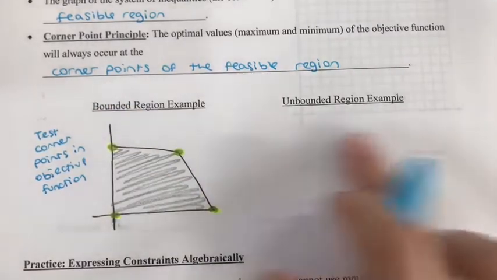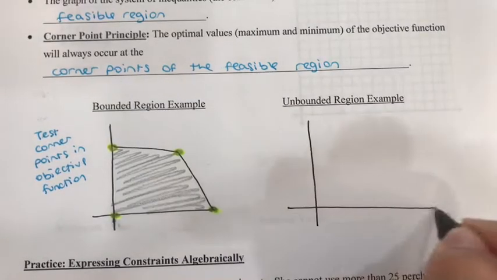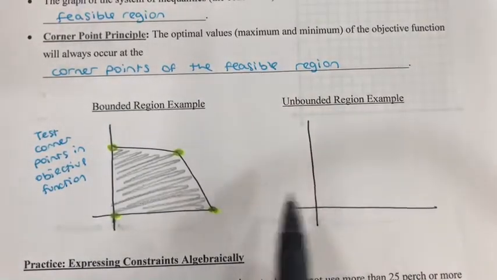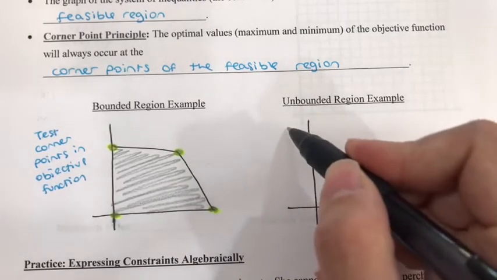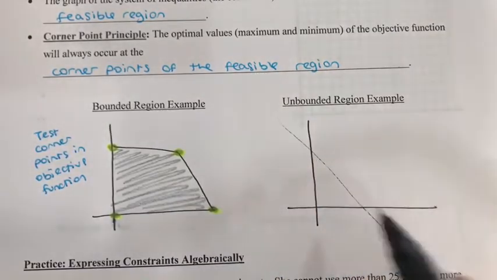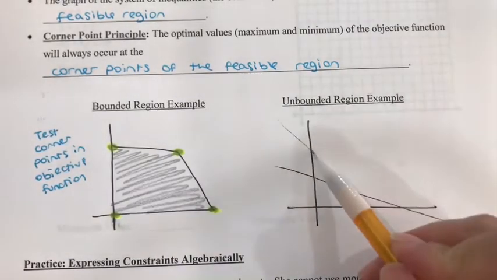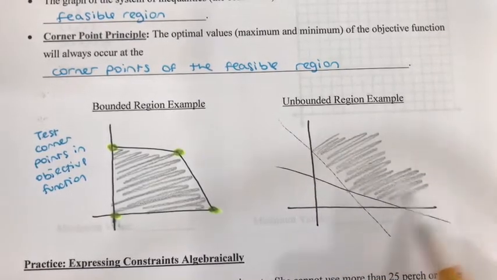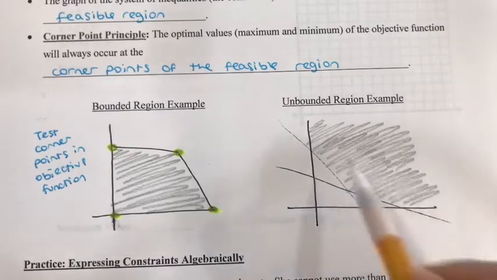Now an unbounded example, well, what if your shading looks a little bit different? What if we had, let's say I have a line that looks like this, and then a line that looks like this, and our shading was above both of those. So let's say our overlap looks something like this.